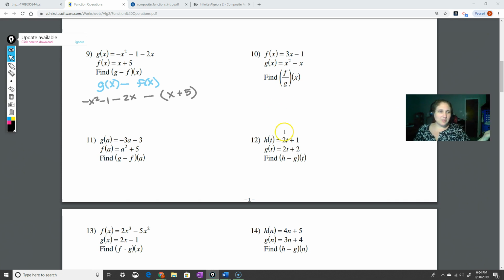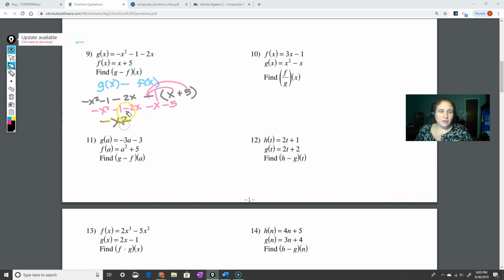So now if I rewrite it from scratch, I've got negative x squared minus 1 minus 2x. This becomes negative x. This becomes negative 5. I do that because this is really like a negative 1. Then I combine like terms. Is there any other x squared? Nope. So I'm going to write negative x squared.